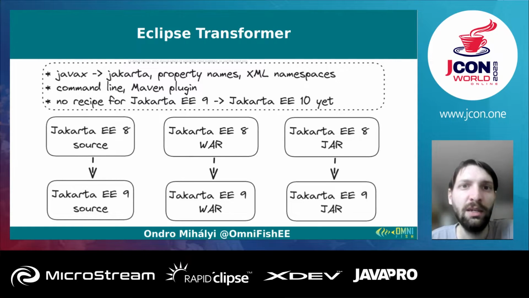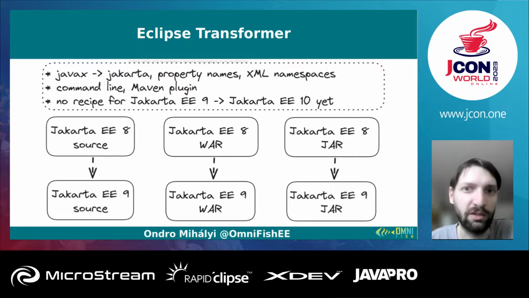Eclipse Transformer converts Javax to Jakarta, obviously, if it's going to help us. Same applies to OpenRewrite. It also converts property names in all the resources it can find. And it also upgrades most of the XML namespaces in Jakarta EE.